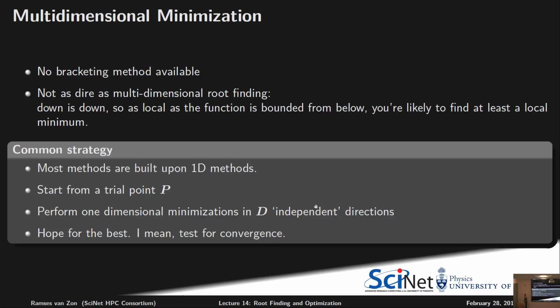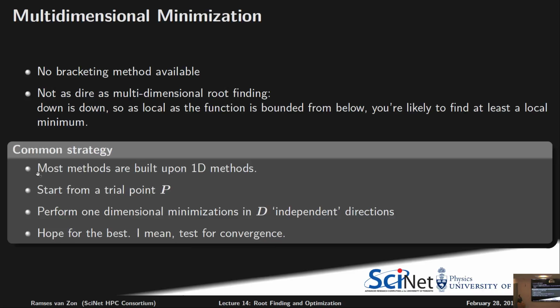So the nice thing about minimization, in a sort of informal argument, is that as long as you keep going down, you're closer to the minimum. And even if you aren't, if what you want is the minimum value of that function, well, you at least get a better upper bound to that minimum each time you go down. So going down is actually easier than just finding a root.